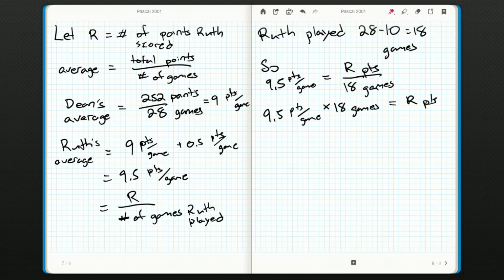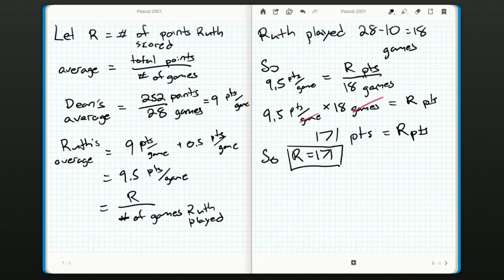So we know we've done something right because the units are going to cancel out. And 9.5 times 18, just punching that in on the calculator, we get a final answer of 171.